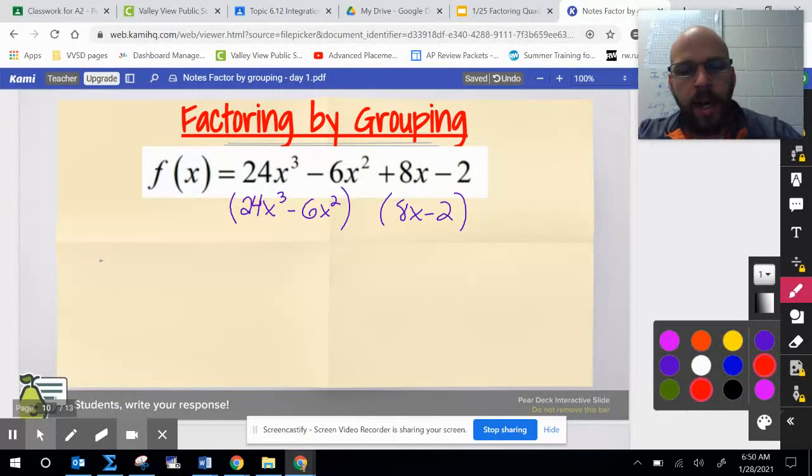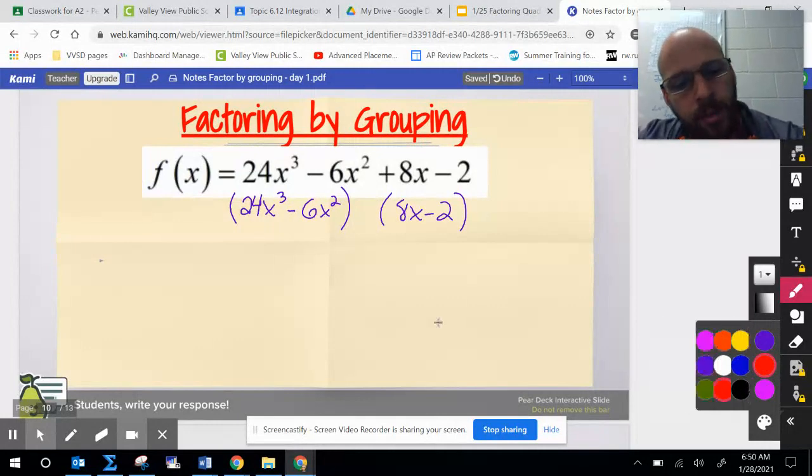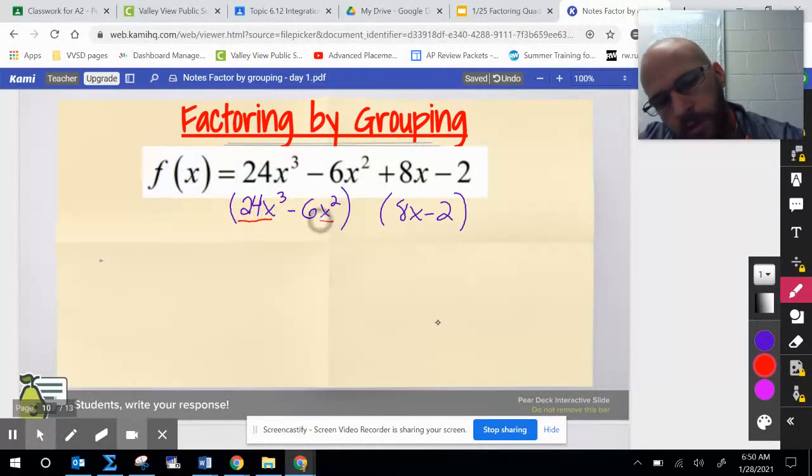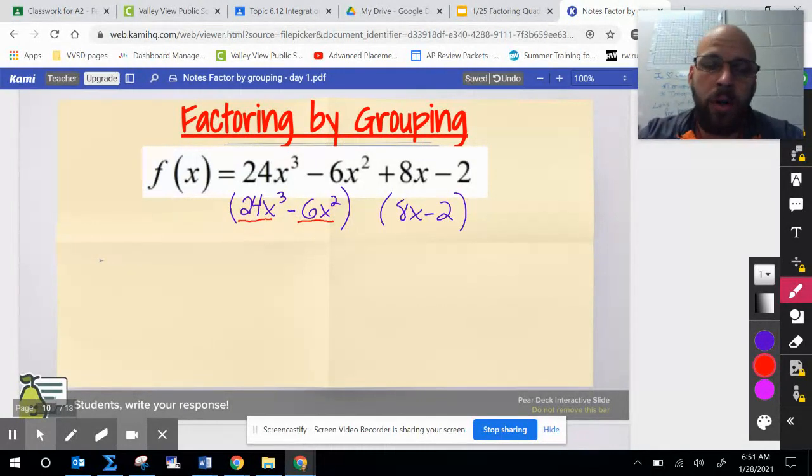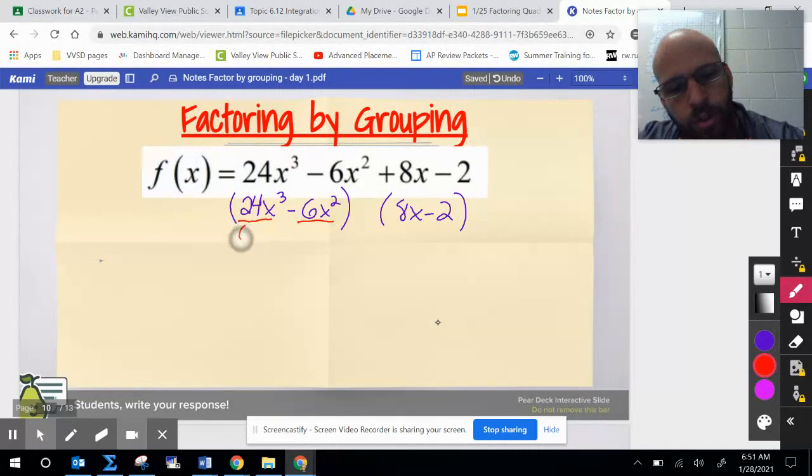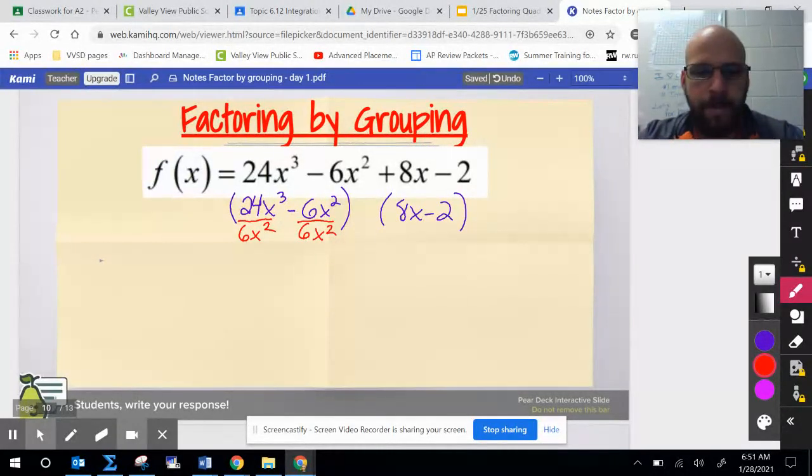I am going to take out a greatest common factor from my first group. So I have 24 and 6. I'm pretty sure both of those are divisible by 6. They both have x's. And not only do they both have x's, they both have at least 2 x's. Okay.